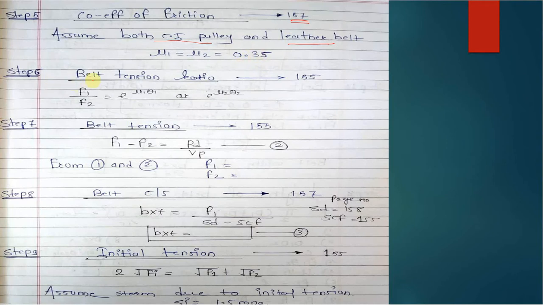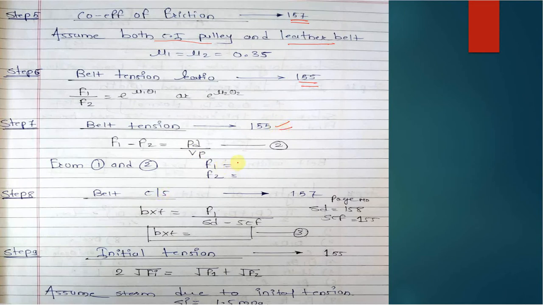Now step number 6, belt tension ratio, page number 155. F1 by F2 is the belt tension ratio, equal to e power mu1 theta1 or e power mu2 theta2, page number 155. Step number 7, belt tension, page number 155. F1 minus F2 equal to PD divided by Vp, page number 155.